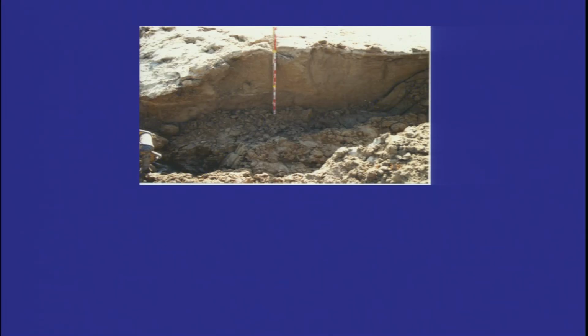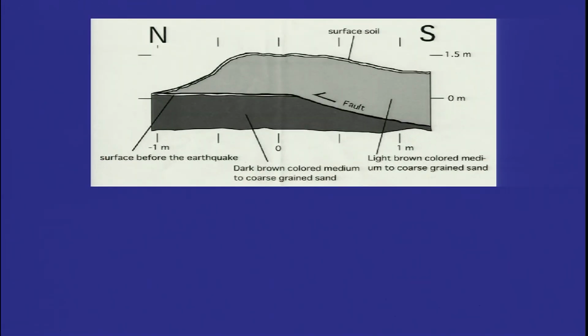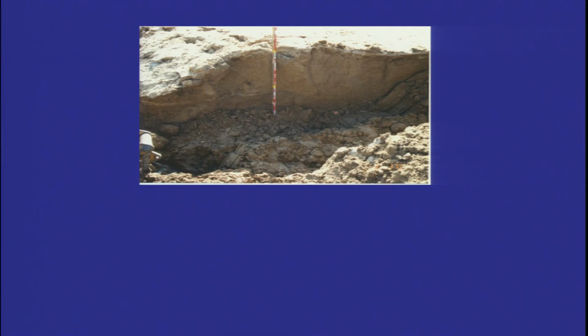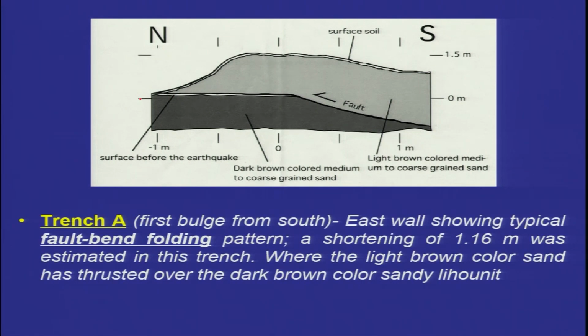So this is another view of the same area, and this is the sketch here. Another portion which we see clearly is the ramp, and then you have the flat. So what you see is the folding on the surface. Trench A, first bulge from the south east wall, showing a typical fault bend folding pattern.